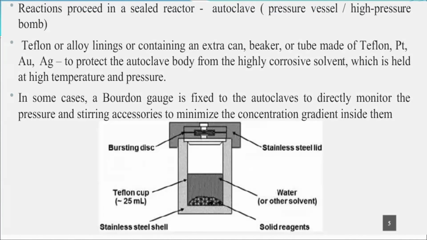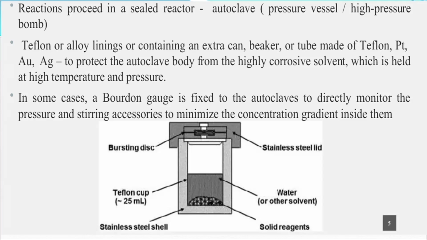Then everything is kept under a stainless steel shell, covered with a stainless steel lid and bursting disc. This Teflon or alloy lining protects the autoclave body from the highly corrosive solvent which is held at high temperature and pressure.